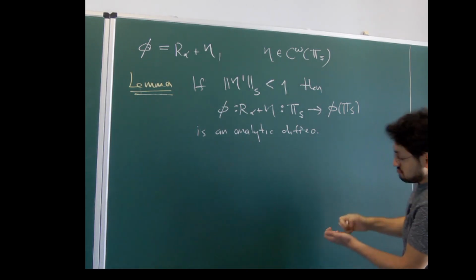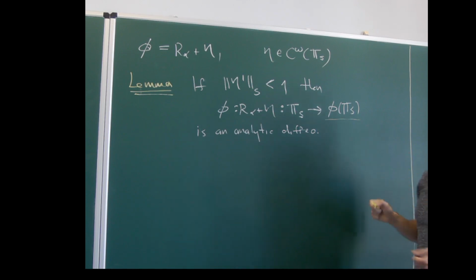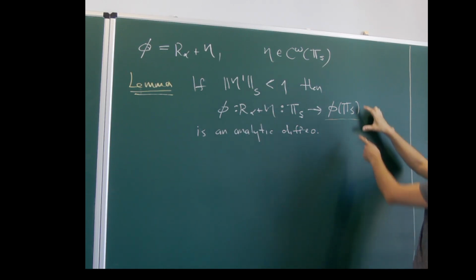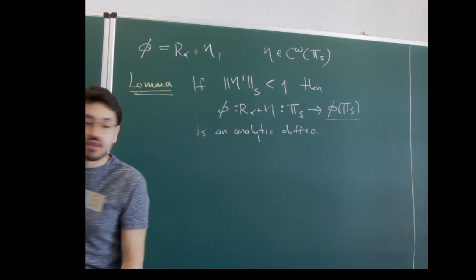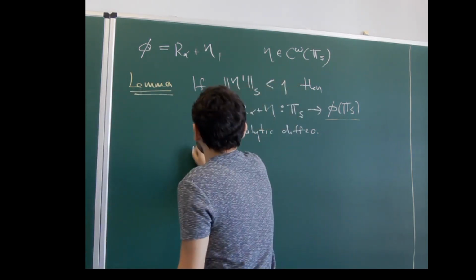And now I don't know exactly who this is. Since my function is real analytic, for the moment the only thing I know is that this image contains this torus, the real torus. But then you can say a little bit more.